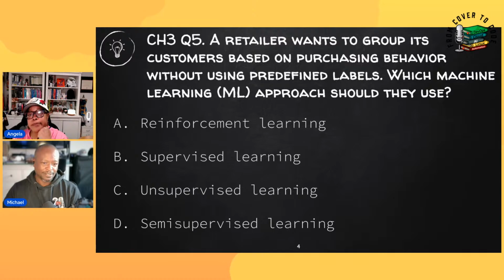So I'm going to get rid of B. And then, I just know this from reading the book, he didn't talk about semi-supervised learning in chapter 3. Exactly. He does get to it in chapter 4. But with all that said, I would go with C, unsupervised learning.